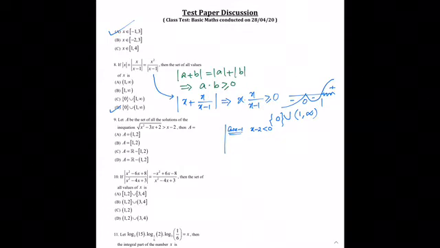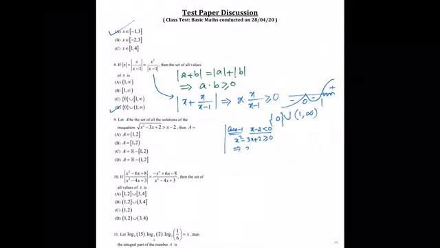So it must be greater than any negative value. Therefore, in that case, we will just take x² - 3x + 2 ≥ 0. As long as this is true, root over of that will be always greater than x - 2 because it is negative. Now I have already got it, x ≤ 1 or x ≥ 2.